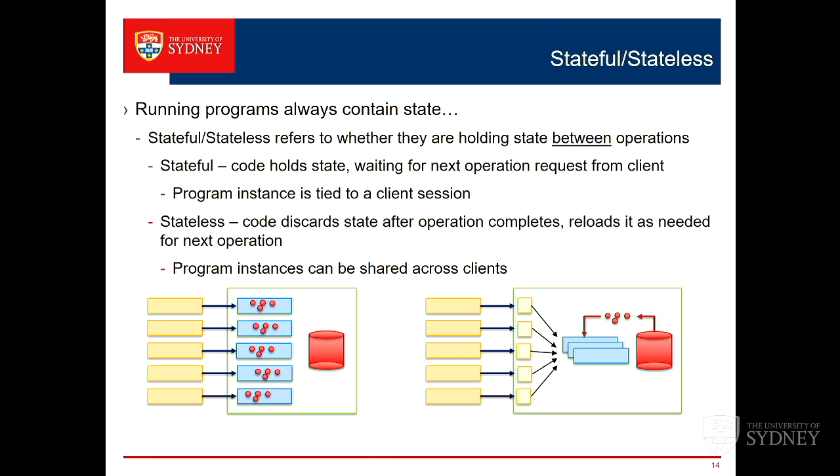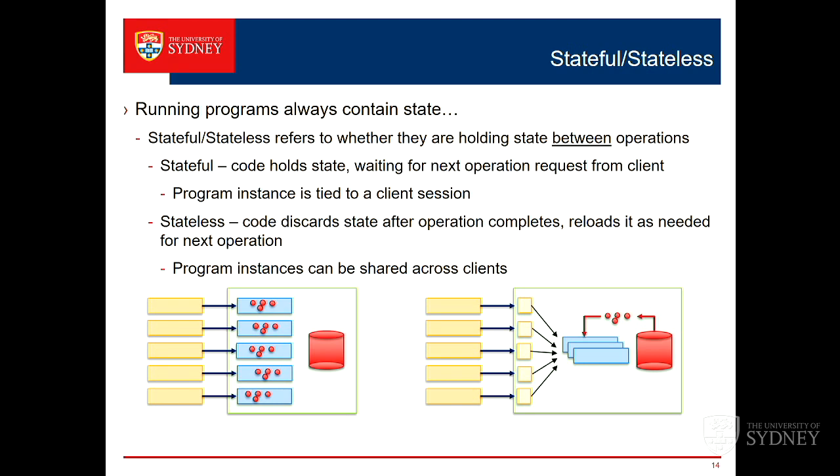The next request comes in from another client, it can come to the same application instance, which recovers the state for that particular client, does the operation, puts it back into the state store again and returns the result. So it's stateless in that in between operations, it does not contain any state. Now we can share them across clients.